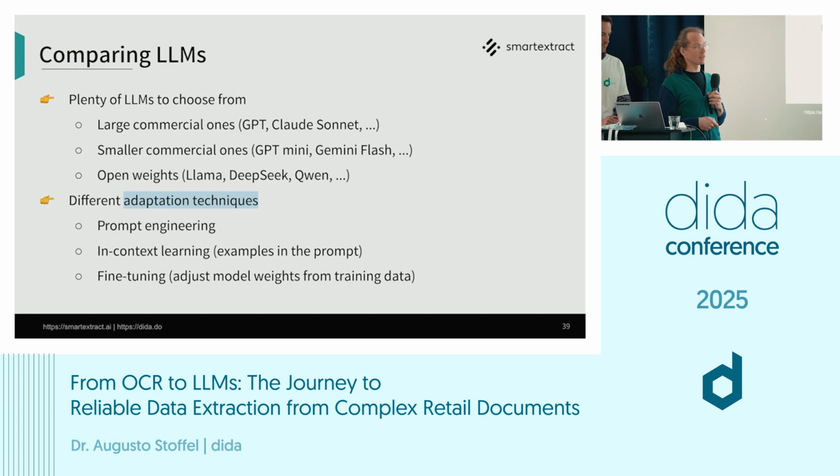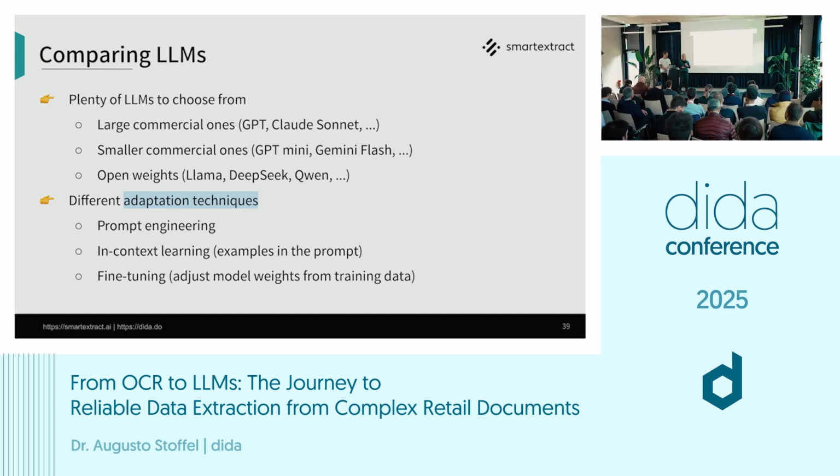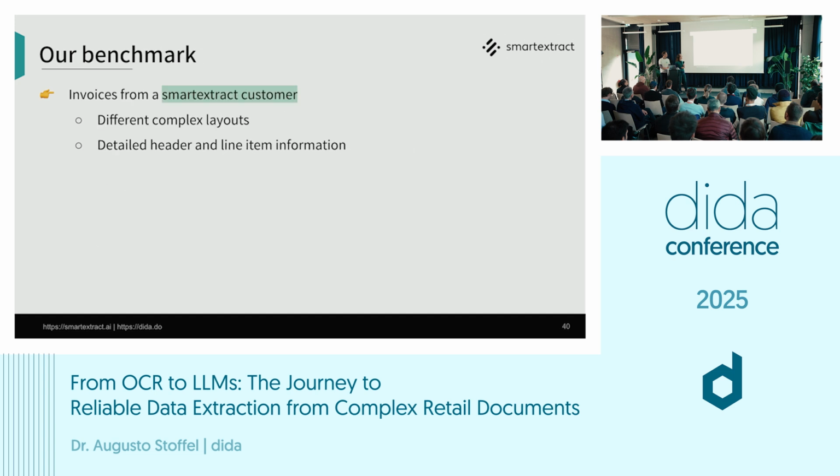So, okay, what I wanted to see here is how these different combinations compare. Yeah? So let me explain what our benchmark is. In one minute, I'm going to show you some numbers, some performance metrics, right? So I just want to tell you what the problem was. The problem was to extract data from some invoices from one of our users.